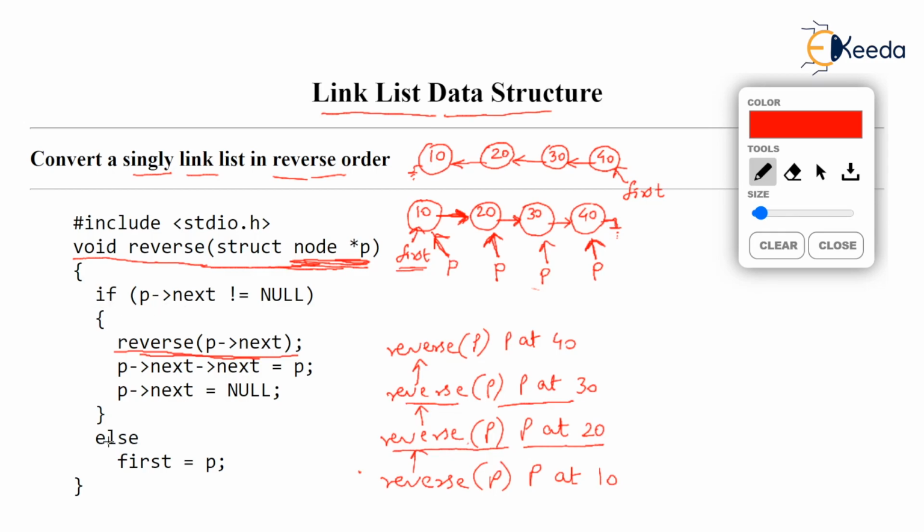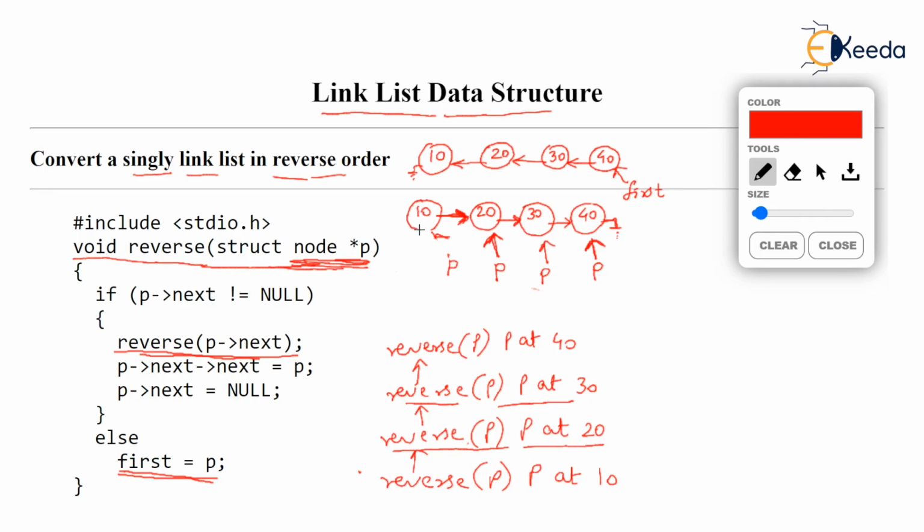So as this if is false, P arrow next not equal to null, we will go to else. And the statement first equal to P will run. Now this is nothing but pointer becomes equal to pointer. A layman will read this line as first should point to the same node where P is pointing. So first will discontinue to point where it was pointing. Am I right? First was pointing to 10, isn't it?